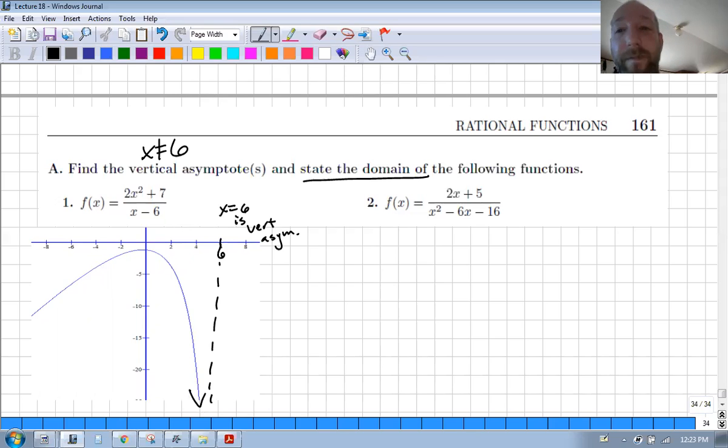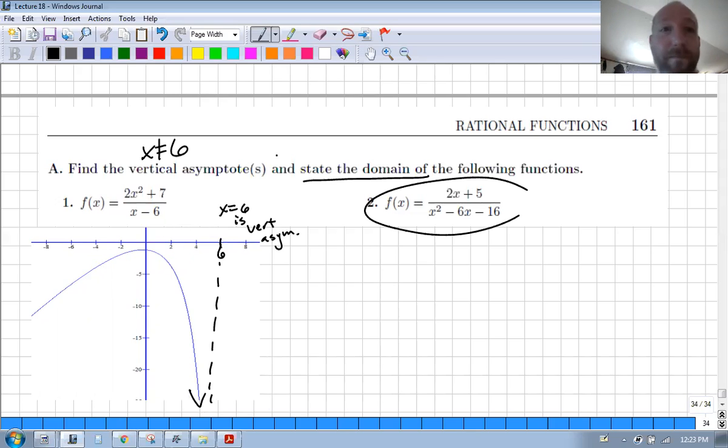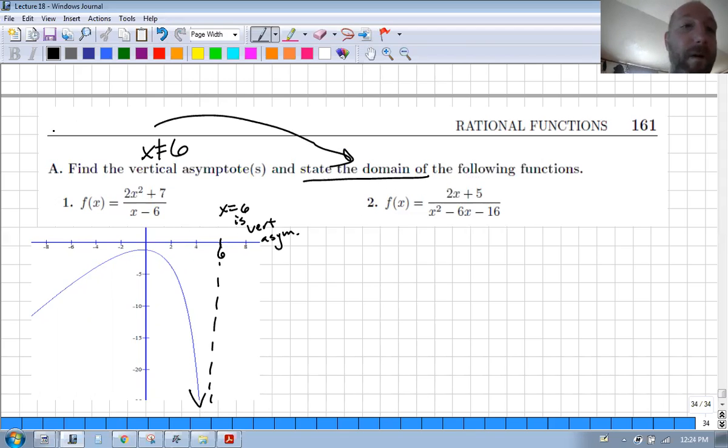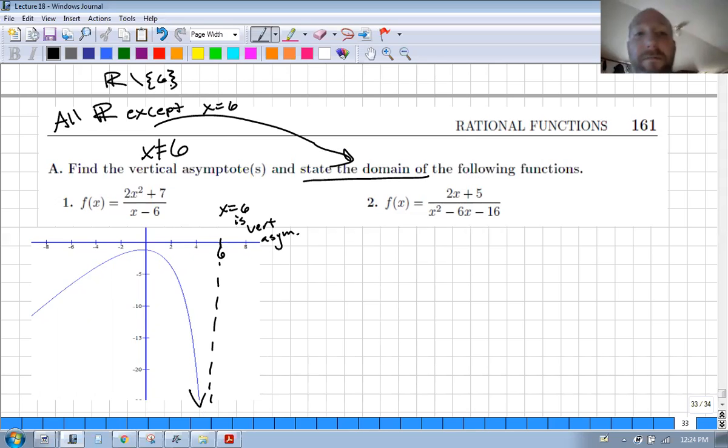All right, so the domain is all real numbers except for x equals 6. The way you could rewrite that would be all real numbers excluding 6. Or you could just say x can't be 6.